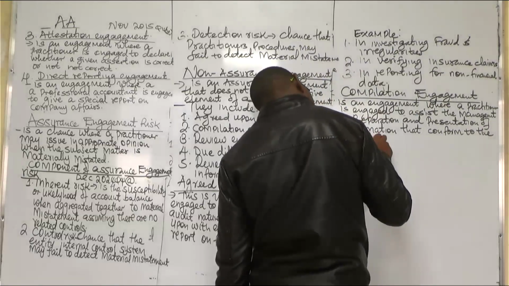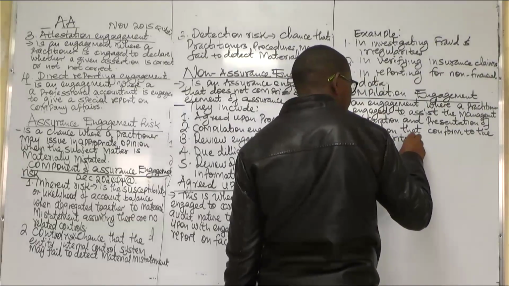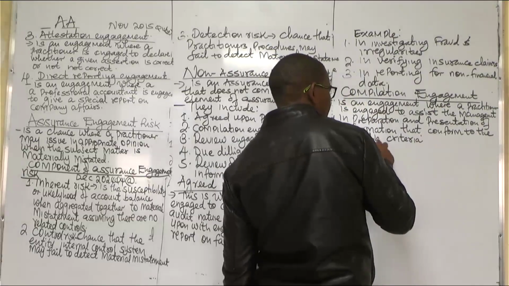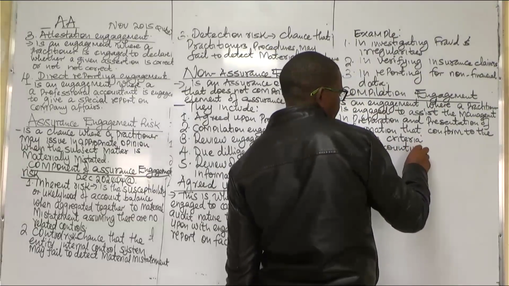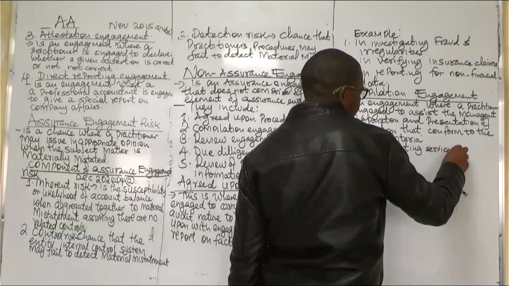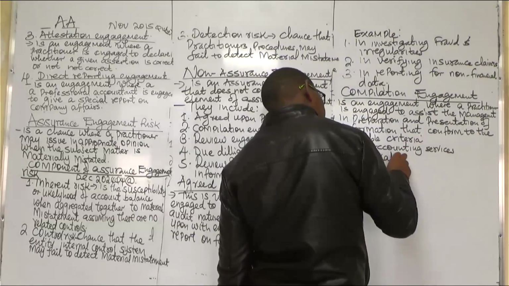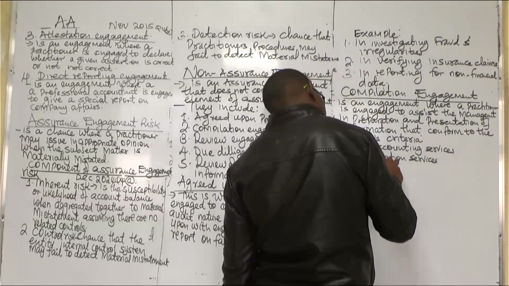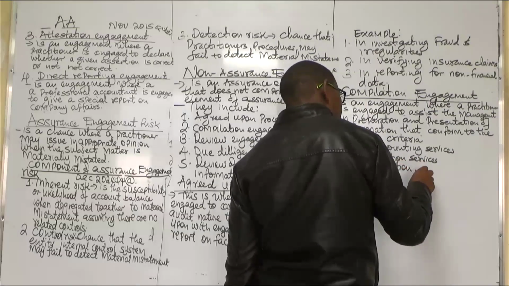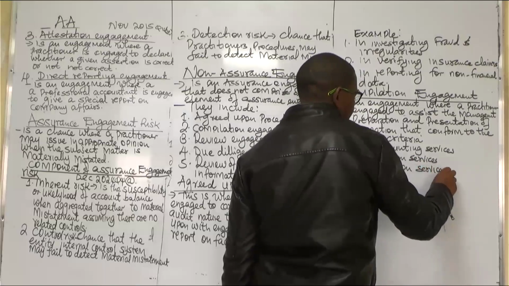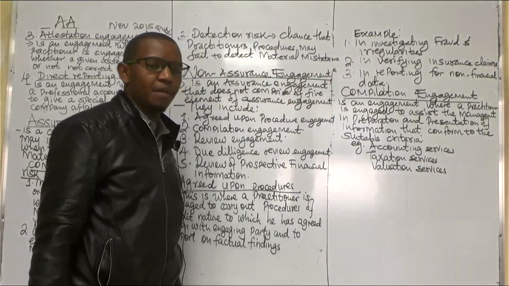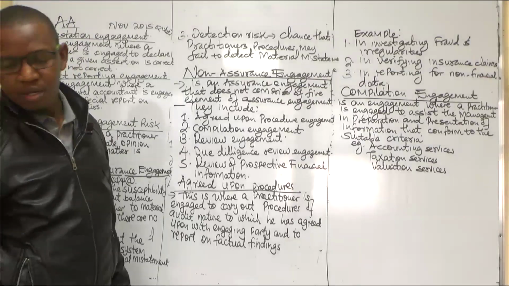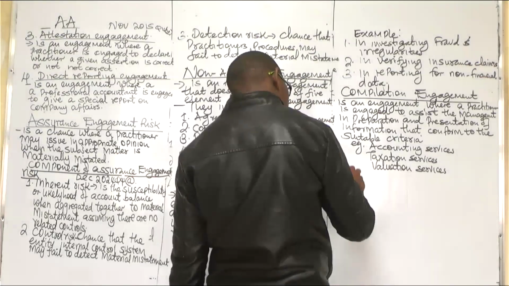For example, you may help the organization with accounting services, taxation services, valuation services, etc. Mainly, you are helping with what we call non-audit related services. Number three is on review engagements.